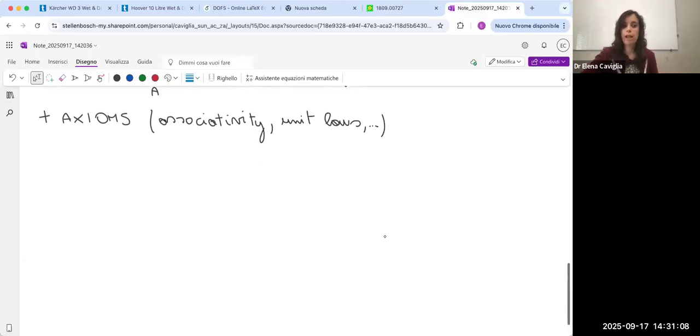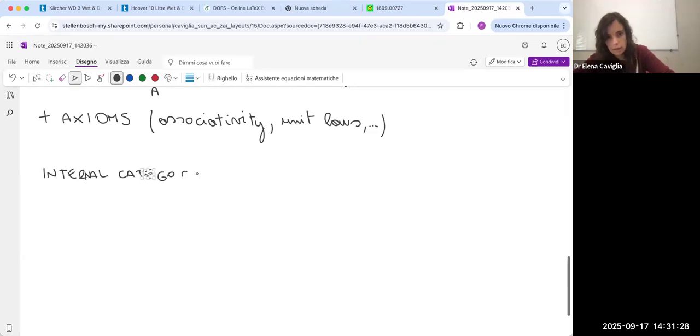So we want to see double categories as internal categories in CAT, and to do so, I will briefly tell you what an internal category is. So an internal category in a category C. You have to think about this as a category that lives inside your category C. So what are the ingredients that we need to have a category?